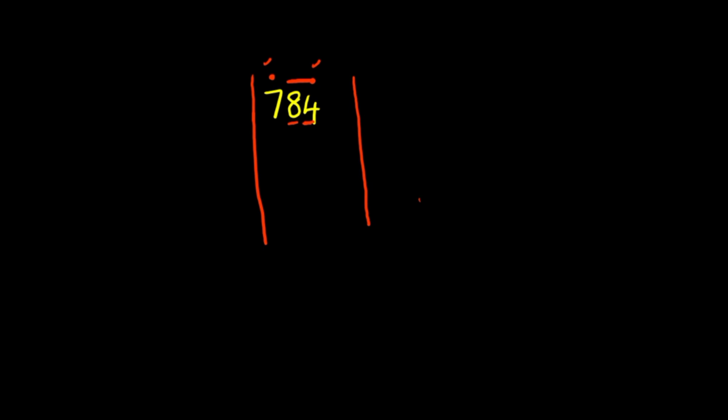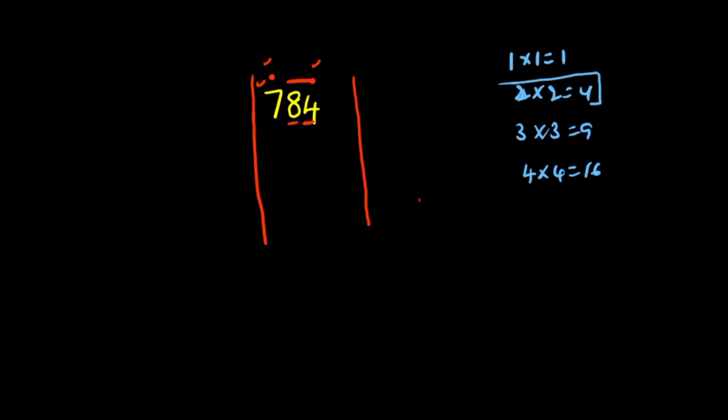Now here we have a number like 7. So for 7 we have to search the nearest perfect square. What is the meaning of perfect squares? That is 1 1s are 1, 2 2s are 4, 3 3s are 9, 4 4s are 16. These are the perfect squares, right? Now 7 is nearest to 2 2s are 4, right?